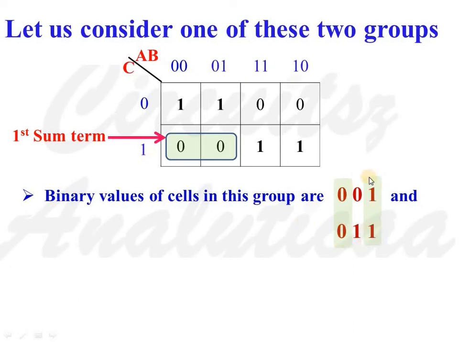If you compare these two binary values, we can find that for this cell and this cell, value of variable A is same, A is equal to 0. Similarly, for this cell and this cell, value of variable C is also same, C is equal to 1. But value of variable B are different.